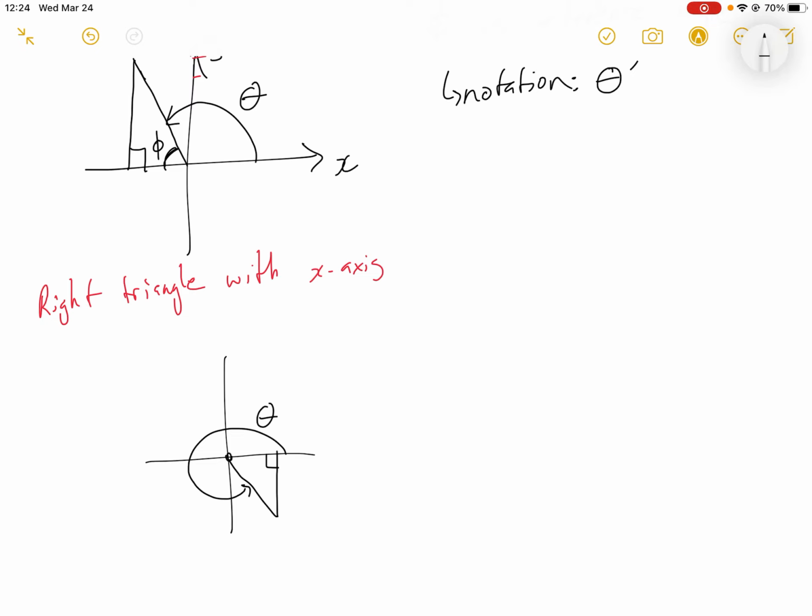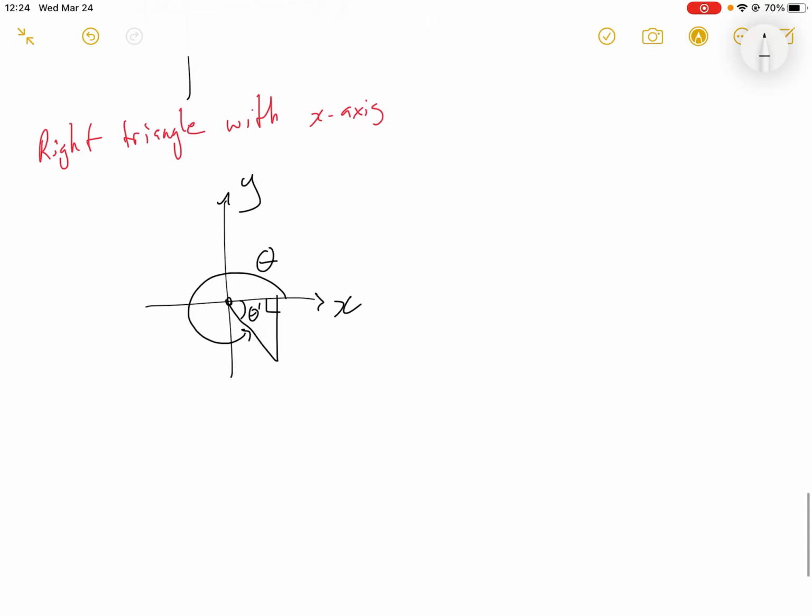Once again, I would make a right triangle with the x-axis, and my reference angle is right there. So just something to note, definition-wise, when we're talking about that reference angle, we're talking about the angle that is made with the x-axis, and it always has to be an acute angle. So you're basically making this right triangle with the x-axis, and then what is that angle?